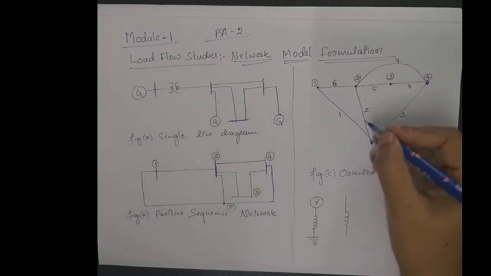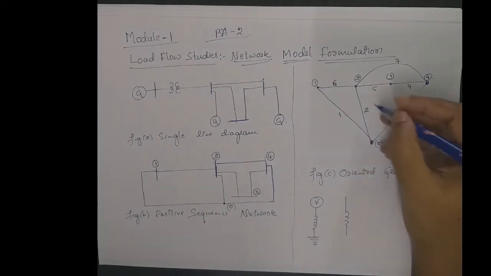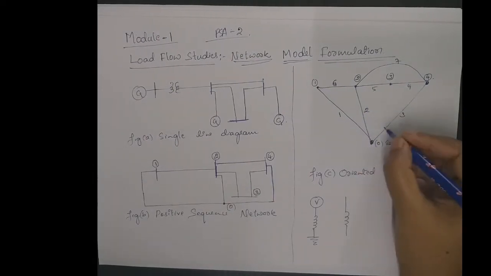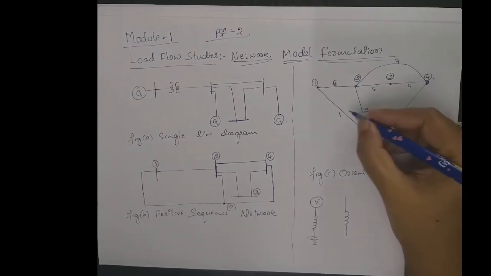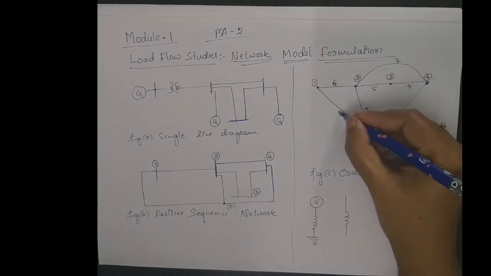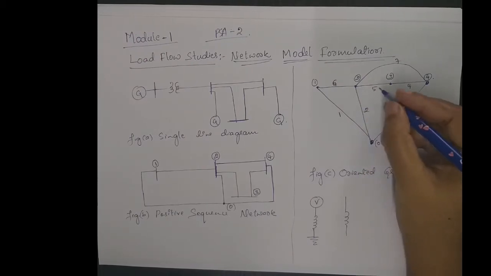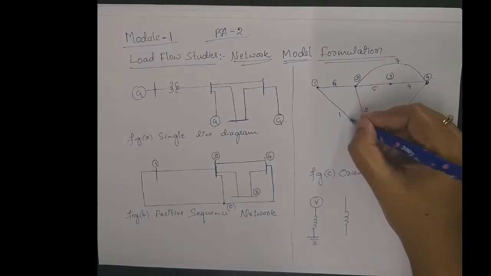So I am going to give the direction like this. Usually we consider the directions of the elements away from the reference node. You can take the other way, downwards also, no problem, but it is better if we take upwards.